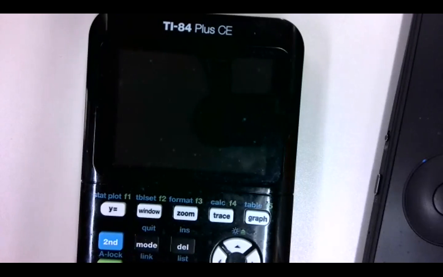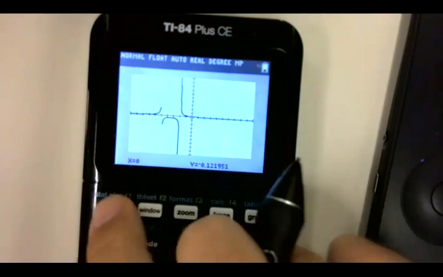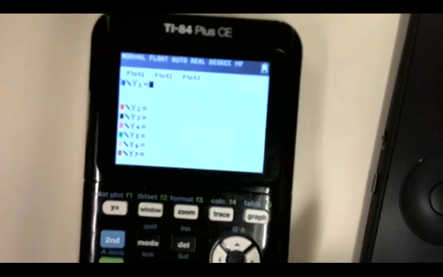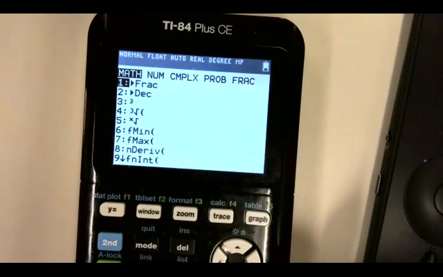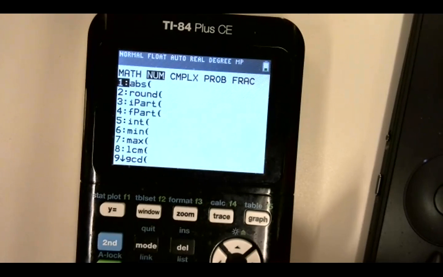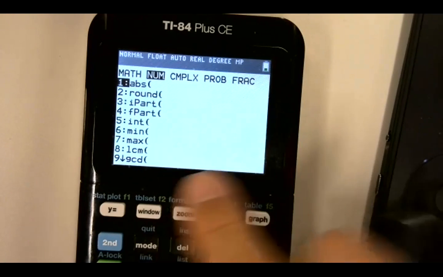Oh boy. Let me pin my video. I'm doing an absolute value, y equals. There it is. So y equals, and then I hit NUM, or math. So let me do this again.